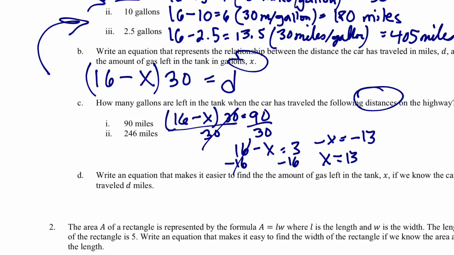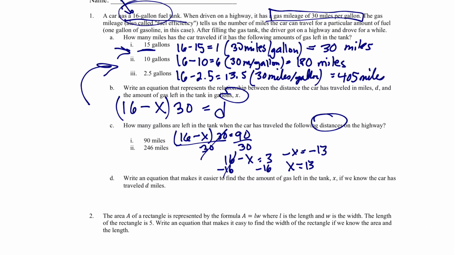So if the car travels 90 miles, they will have 13 gallons left in the tank. That makes sense because they would use 3 gallons to go 30 miles per gallon. They would use 3 gallons to go 90 miles. Okay, so try the same thing for part 2 with 246. Go ahead and plug that back in for d and solve for x to see what you can get.